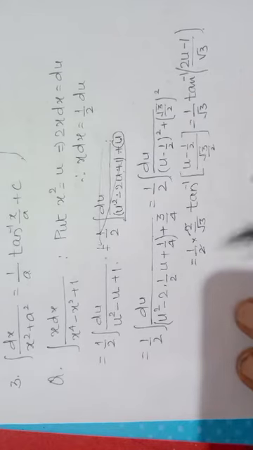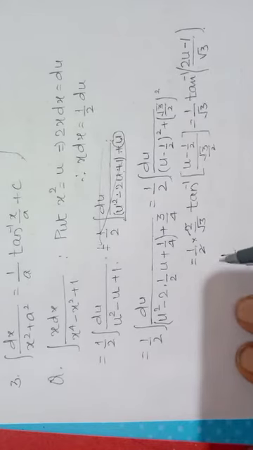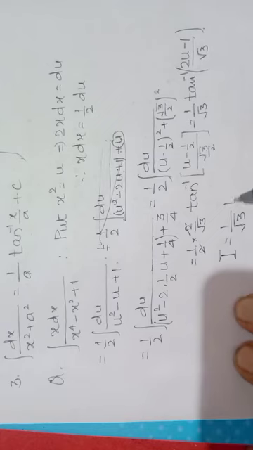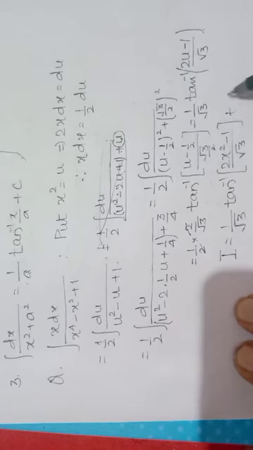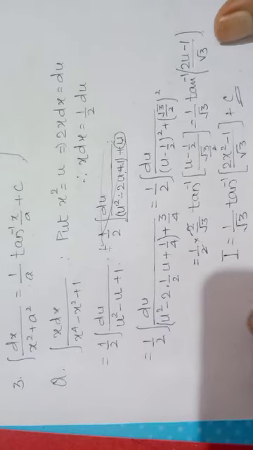So finally the integration will be 1 by root 3 tan inverse (2x square minus 1) by root 3. This is your solution. So in this way we solve different problems.